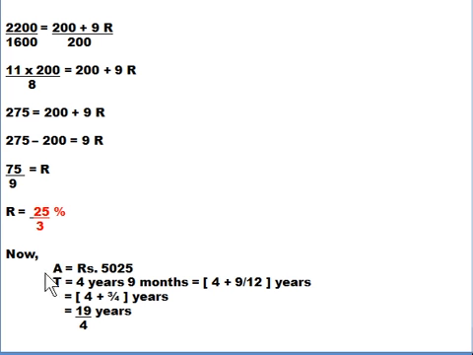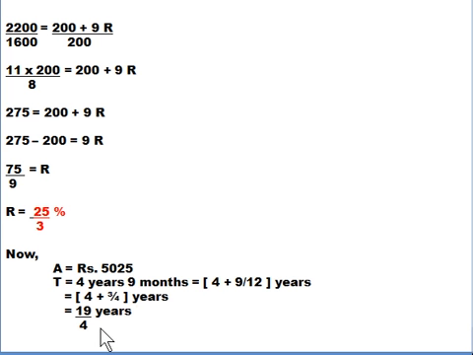So continuing with the second case where amount is 5025 and the time is given as 4 years 9 months. 4 years is already in years. 9 months will be converted into years. 9 months will be equal to 9 upon 12 years. So on simplifying it, we have 4 plus 9 upon 12, which becomes 19 upon 4 years.